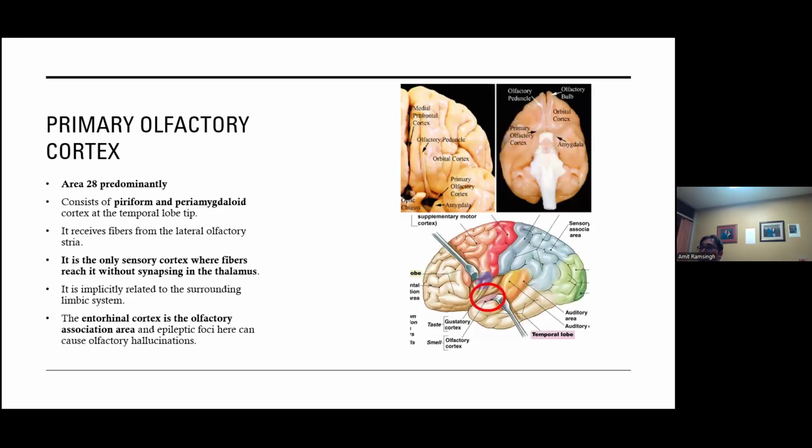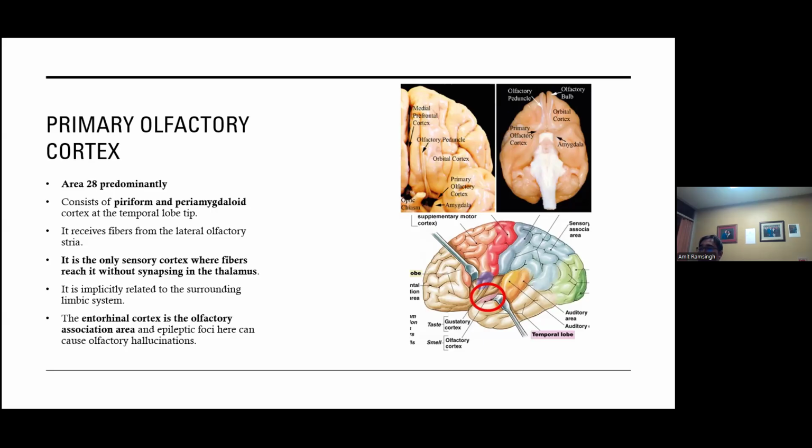In terms of our olfactory cortex, subserved mainly by area 28, it consists of the piriform and the periamygdaloid cortex at the temporal lobe tip. It receives fibers from the lateral olfactory striae, primarily. This has the distinction of being the only functional cortex which receives fibers without necessarily synapsing in the thalamus.